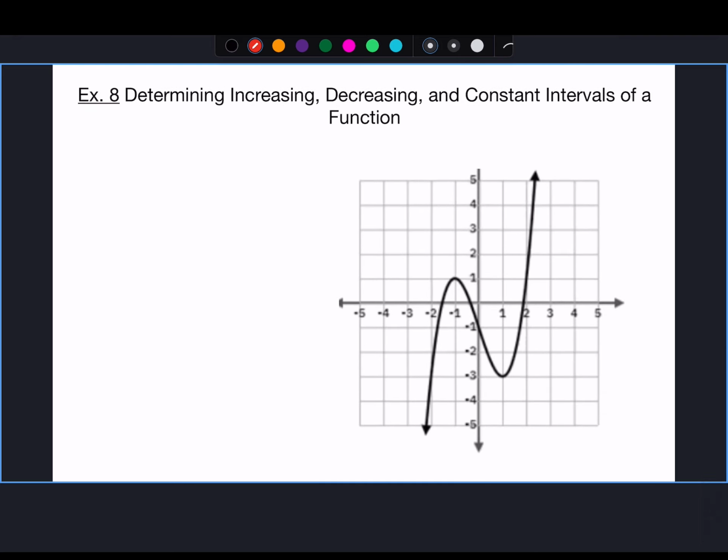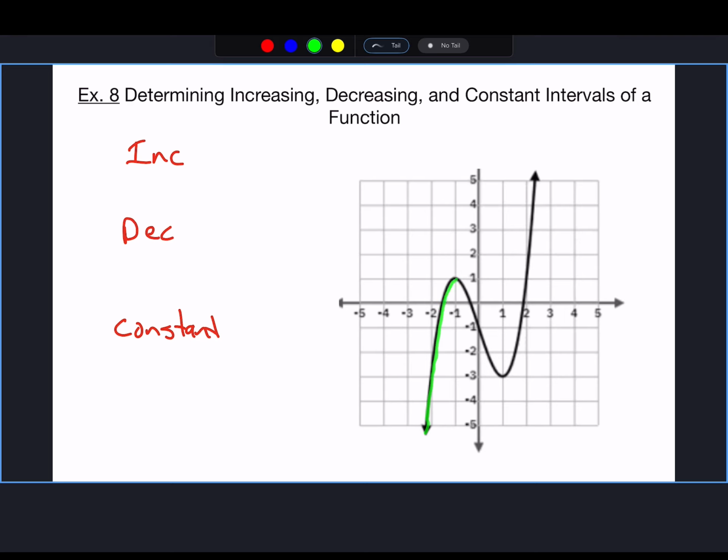Example 8, we're going to do the same thing. Increasing, decreasing, and constant. So where do I jump on my graph? What's the farthest thing left? What is it? Down here. What's the smallest part? -infinity. And so I go from -infinity to, where does it change?